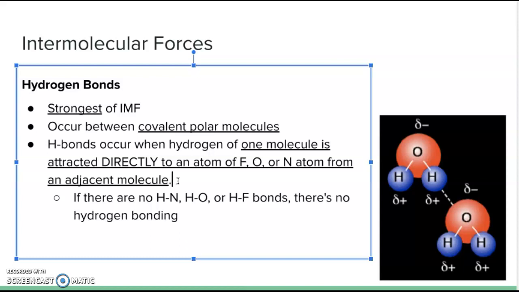A hydrogen bond occurs when a hydrogen of one molecule is attracted directly to an atom of F, O, or N from adjacent molecules, right? So this hydrogen here is attracted to an O. This could be an N. This could be an F. If there are no H-N, H-O, or H-F bonds occurring, there's no hydrogen bond. So I can only have hydrogen bonding occurring in polar covalent molecules that have these elements.